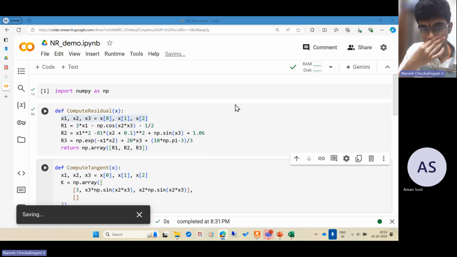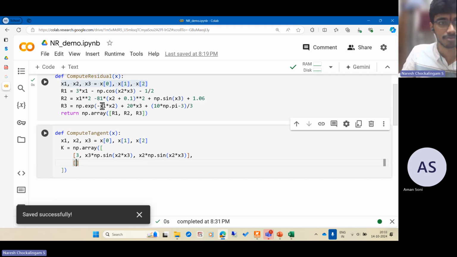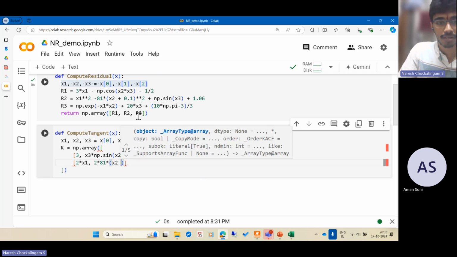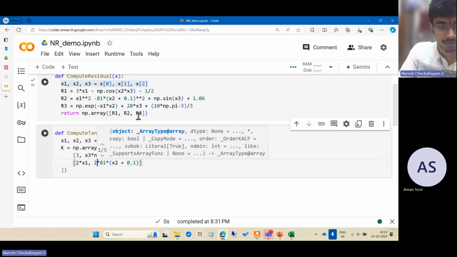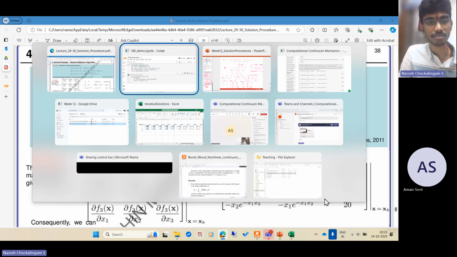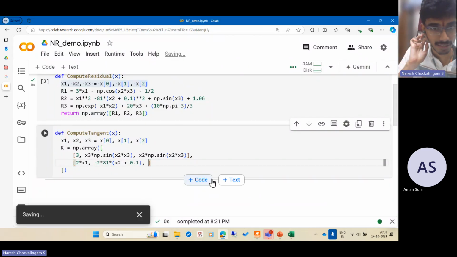Second row is, okay, we can find from here. So it is 2x1. Then it is x2 dependence with the 81, so it is 2 star 81 star x2 plus 0.1, with a minus, so minus 162 x2 plus 0.1. The third term is differentiating with respect to x3.